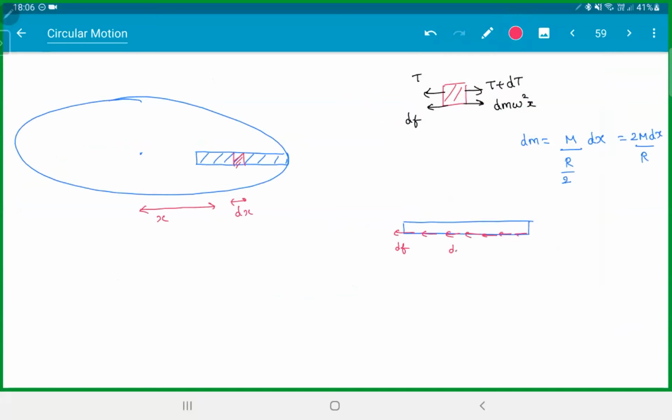These are all frictions. And these are all centrifugal forces, dm omega square x, dm omega square x, and so on. Can I write it like this? The total centrifugal force should be equal to the total friction.